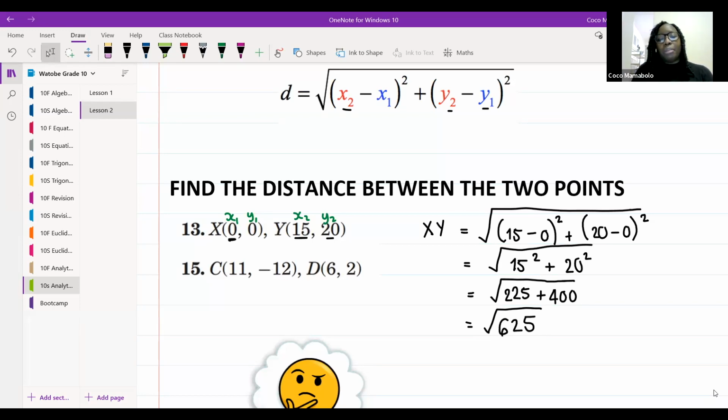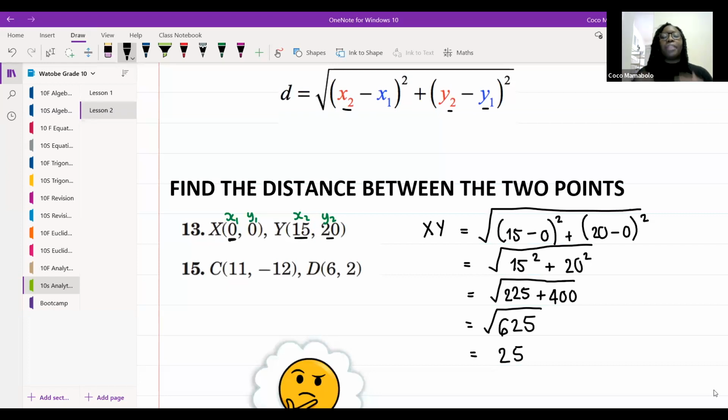I want you to tell me, what is the square root of 625? Thank you, Samuel. Lachuma forgot to take the square root. Ah, there we go. I don't want answers from just 2 people. I want everybody participating. So please let me know. Thank you, Chimwemwe. Thank you, Ogutle. The square root of 625 is 25.